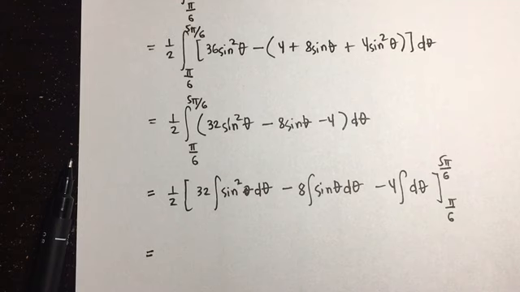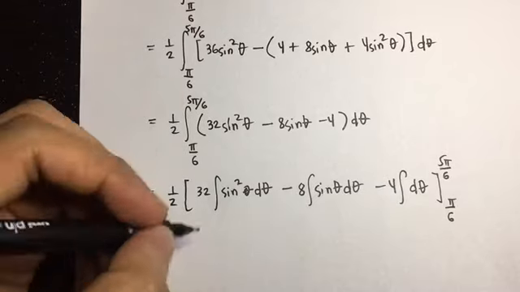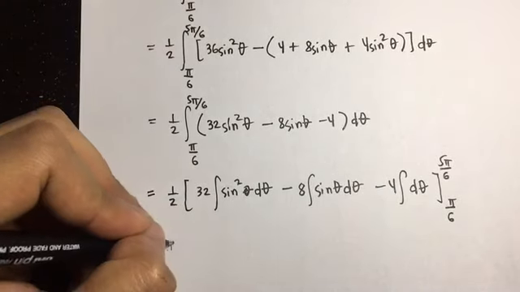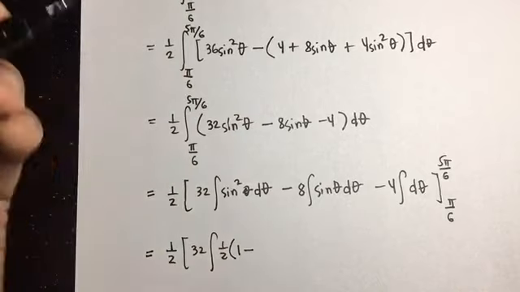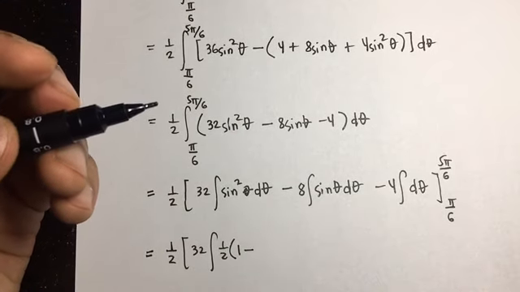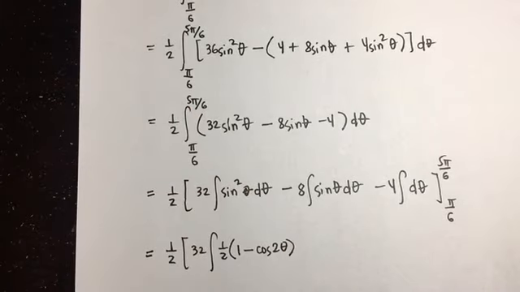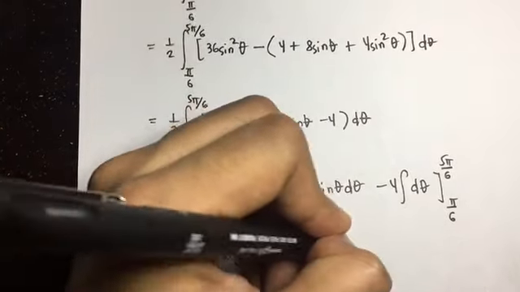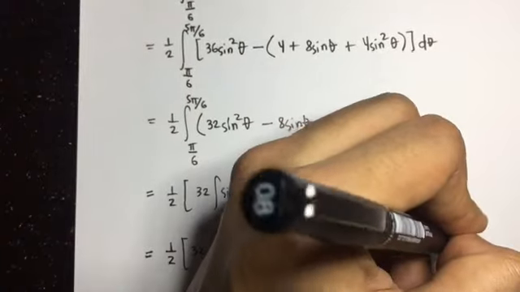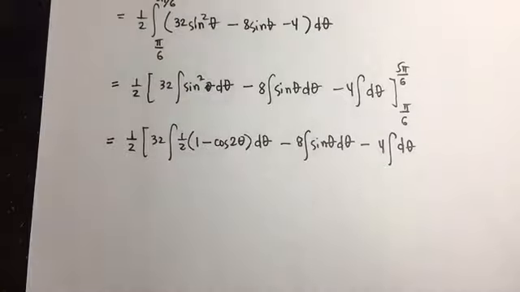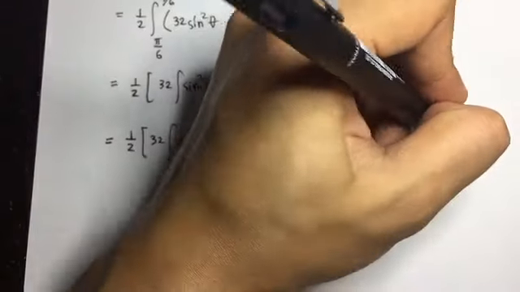So therefore, we can use sine squared theta is equal to 1/2 times 1 minus cosine of 2 theta, d theta minus 8 integral of sine theta d theta minus 4 integral of d theta. So limit from pi over 6 to 5 pi over 6.